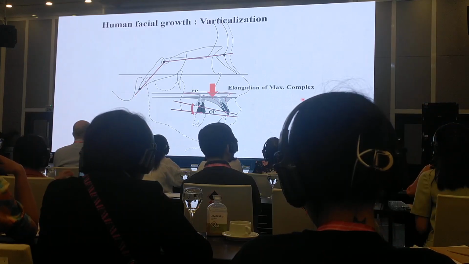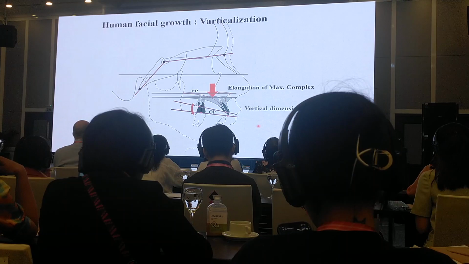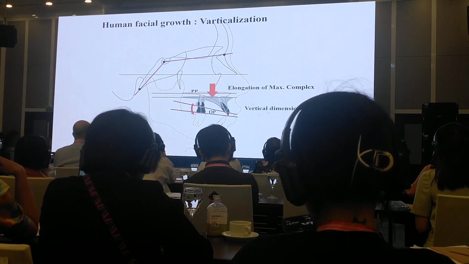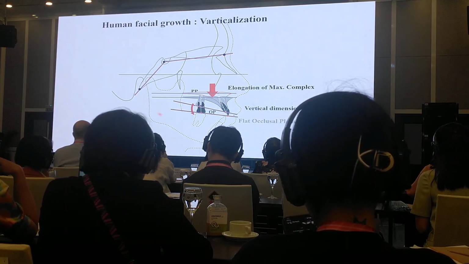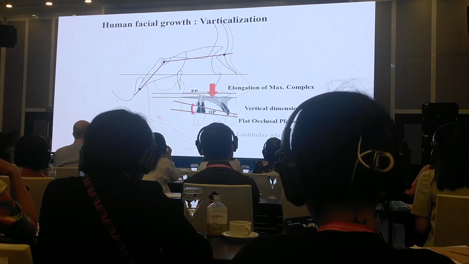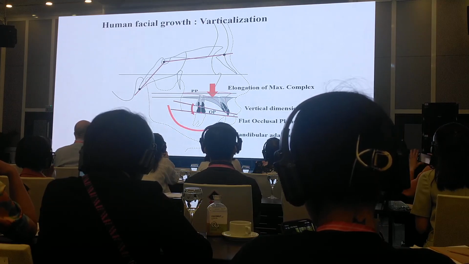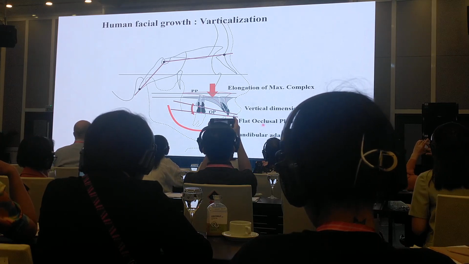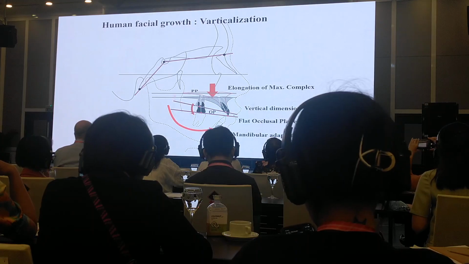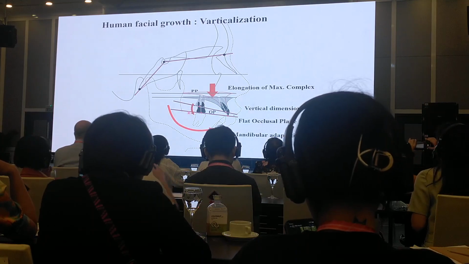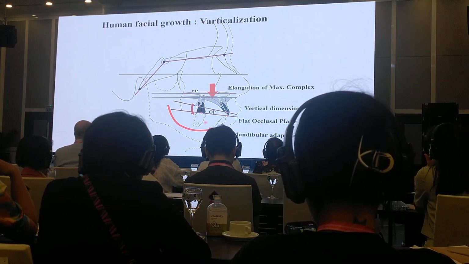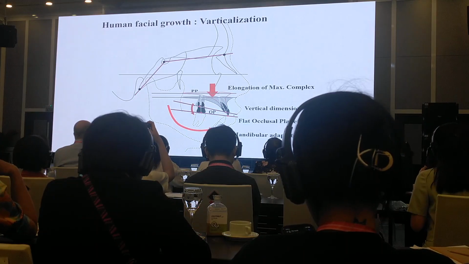If this happens, vertical dimension increases, then the mandible rotates forward, then adapts nicely. But if there is too much increased vertical dimension, too much flattening of the occlusal plane, then some cases rotate backward.